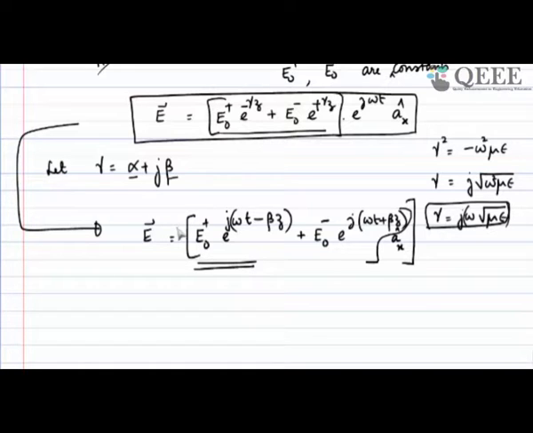And remember, my E is actually the real part of this. It's not a complex number, it's the real part of this. So my E is actually E naught plus cos omega t minus beta z plus E naught minus cos omega t plus beta z times ax cap.